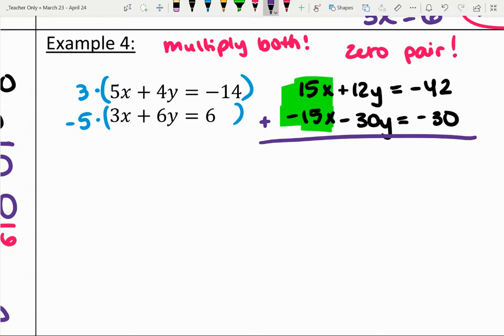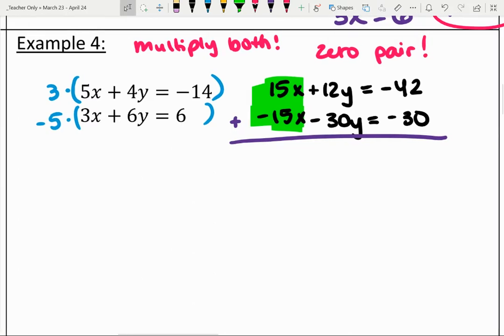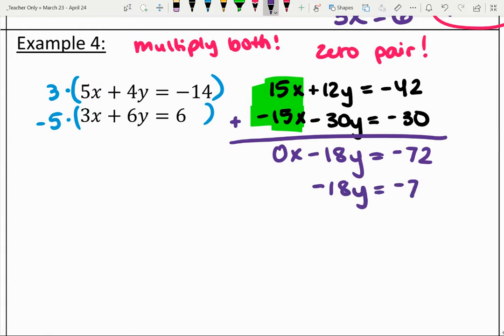So it might just be good to practice this together. Adding like terms, I get 0x minus 18y is equal to -72. And so really, that's just negative 18y is equal to negative 72.